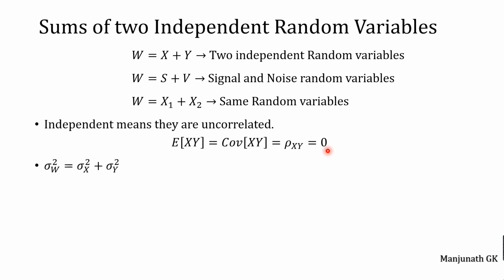Let us prove that the variance of W equals the sum of the variances of X and Y. This is the first derivation to be done by us.